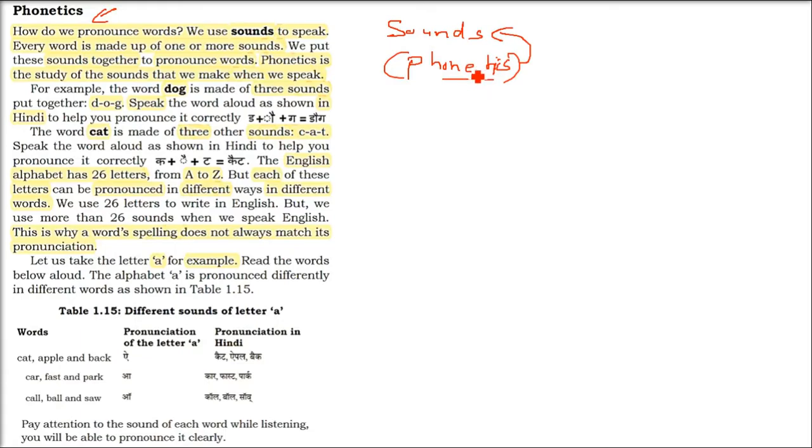The people who study this science of phonetics study how we speak and what sound we make, like DOG. D is an alphabet letter. O, G. If you take some language, say Hindi, D for da, for O, and then we use G, dog.